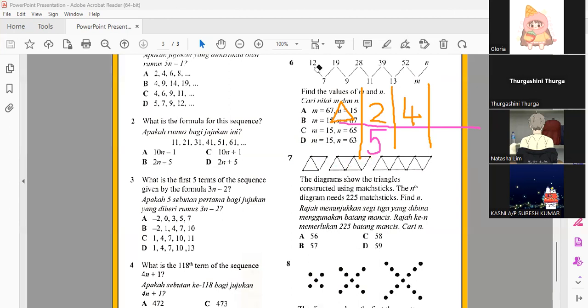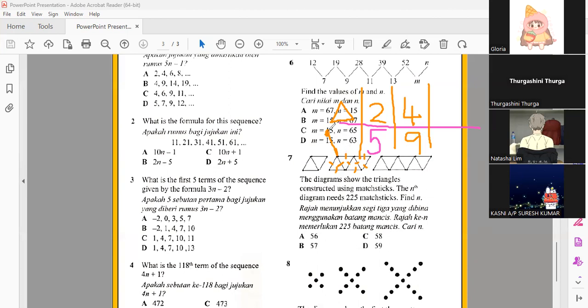So you got to count. 1, 2, 3, 4, 5, 6, 7, 8, 9. So here we have 9. So you make 4 triangles and I need 9 matchsticks to make it.